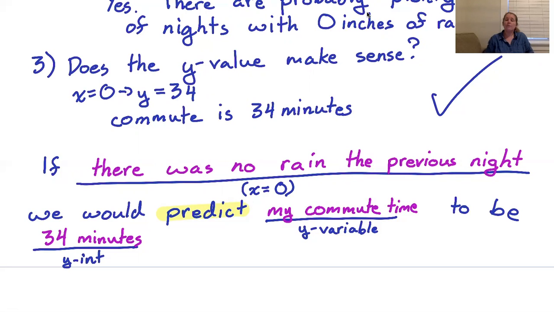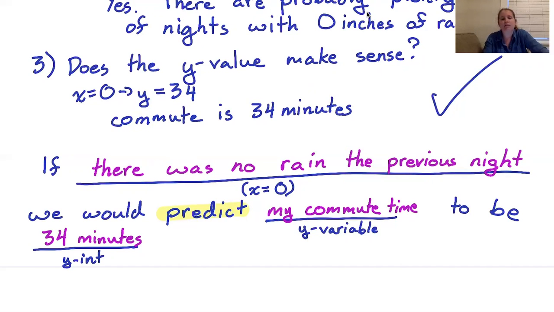Again, it's very important that we run through and check that it makes sense to interpret before we go ahead and fill in our sentence. We all have a tendency to get in a rhythm and start reciting answers.